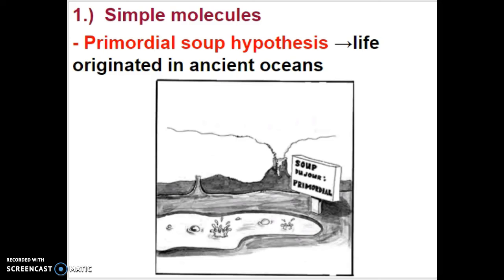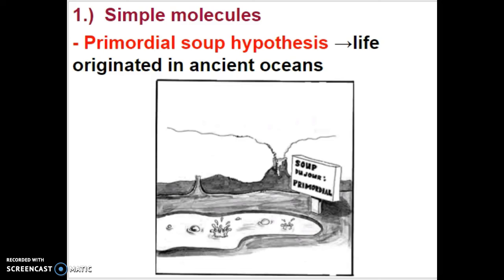So there's this idea that we call the primordial soup hypothesis. Primordial means old or ancient, and the soup refers to the shallow ancient oceans where life perhaps originated.